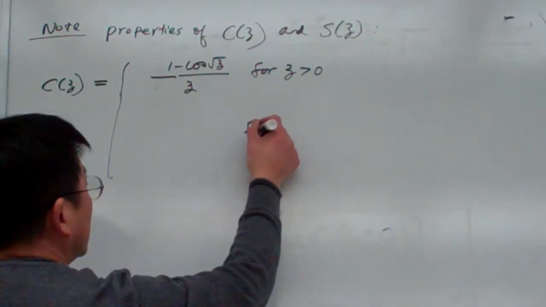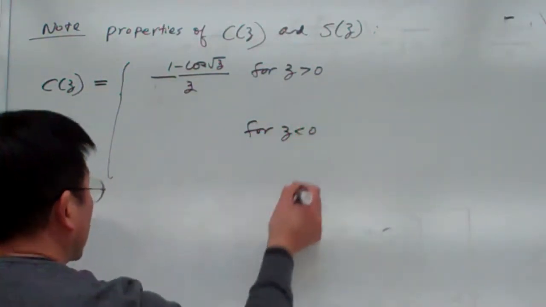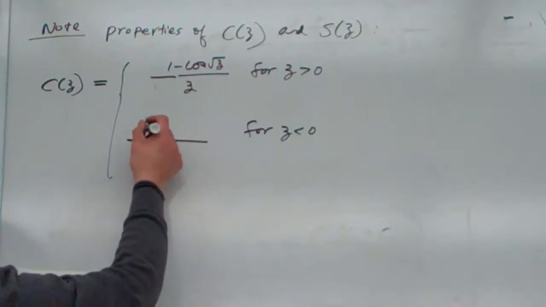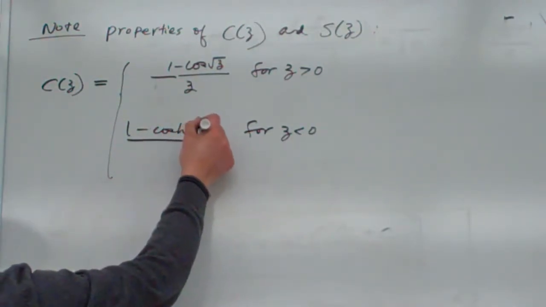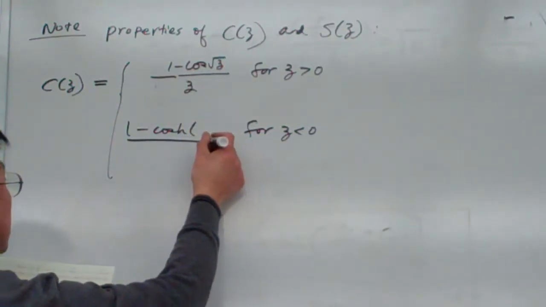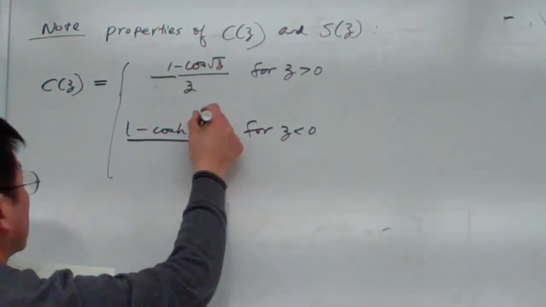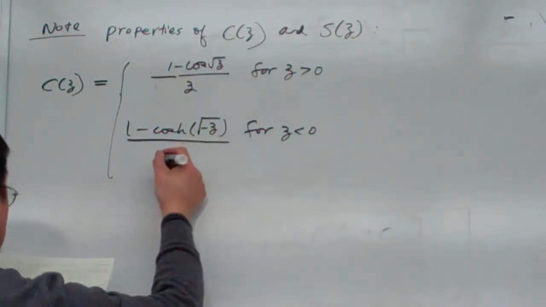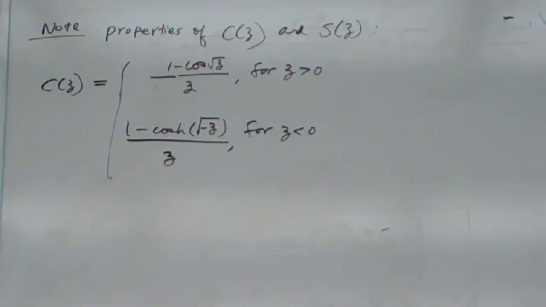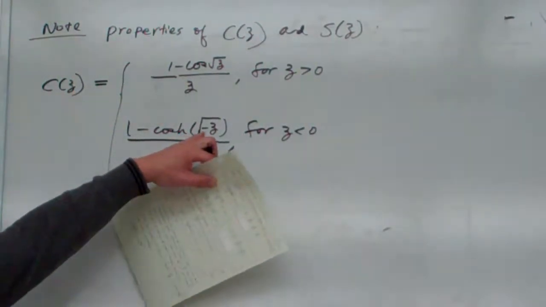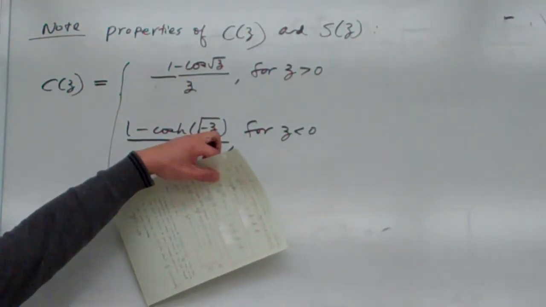For z less than 0, we have the different form, 1 minus cosine becomes hyperbolic cosine, because we have to make sure there is no complex number out of the square root.